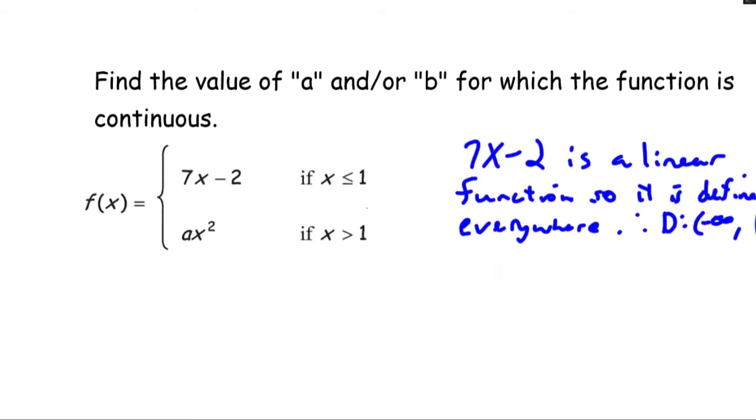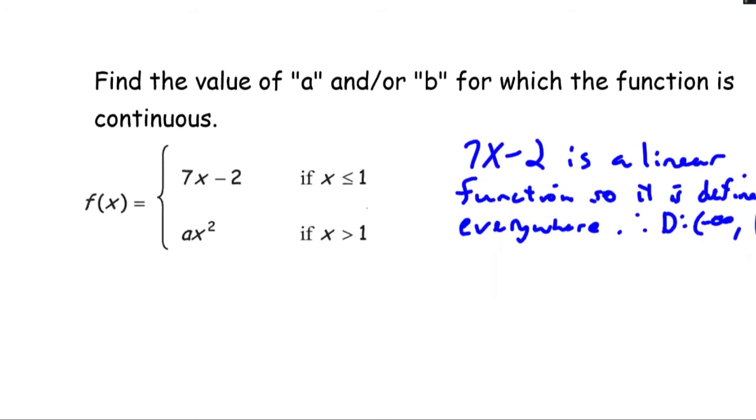Now, it says less than or equal to 1, but I'm not going to include 1 yet because this is a piecewise function, and it might be defined here at 1, but the other piece might be down, so I might have a jump discontinuity going on. So I can't include 1 as being sure it's continuous yet, because the other piece is right up there.